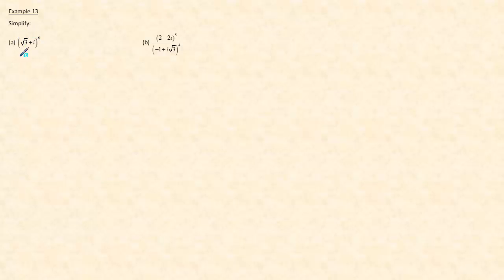We want to simplify (root 3 plus i) to the power 6. So the first thing we want is root 3 plus i in polar form.